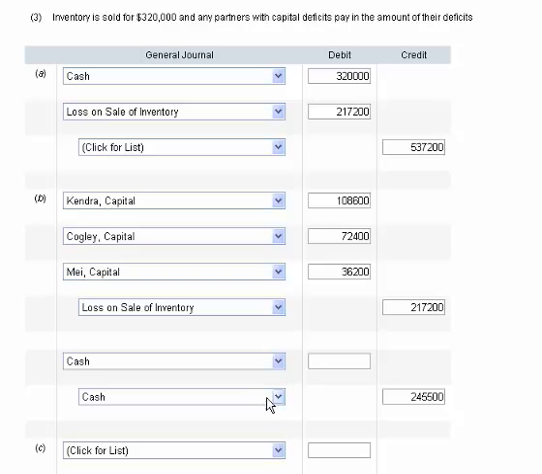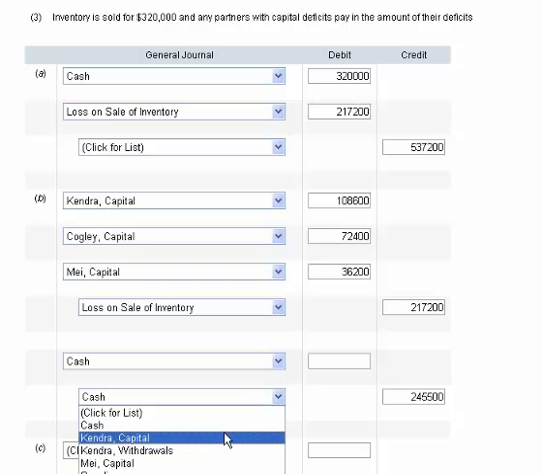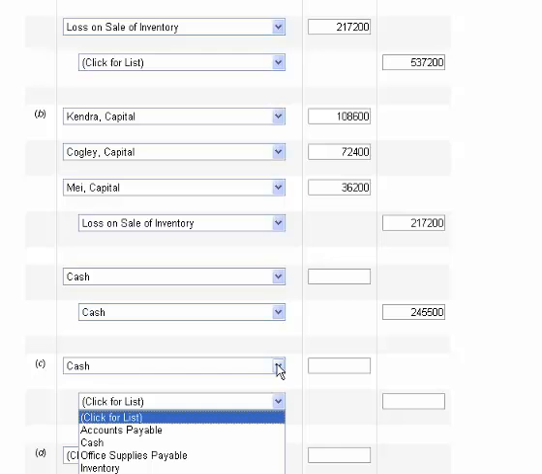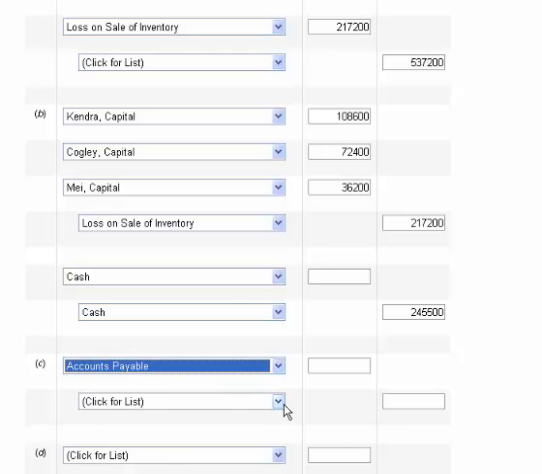Oh, I'm sorry, I'm jumping ahead here. We debit cash to pay off the accounts payable. Debit accounts payable to pay off the 245,500. I just jumped ahead. But there's another entry that we have in this last case, and let me explain that next.